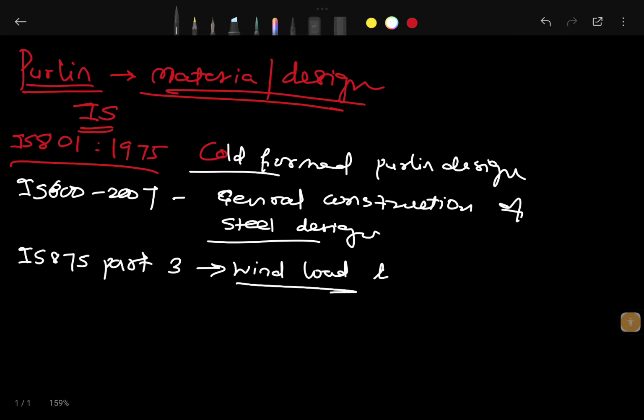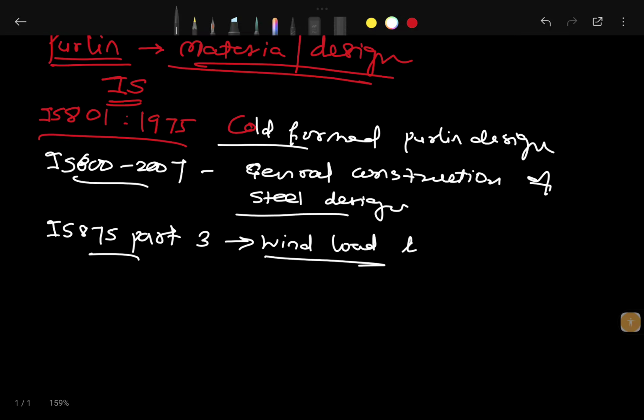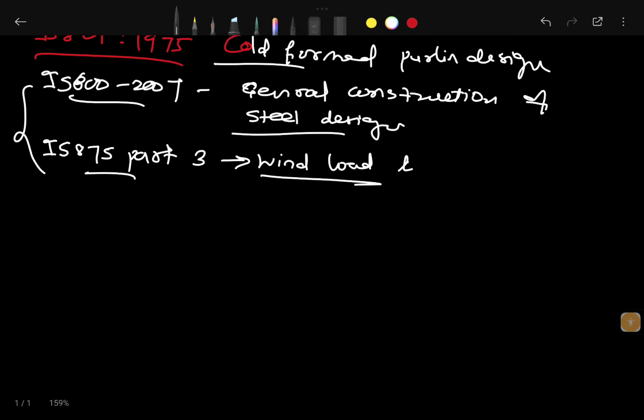So these codes, IS 801, IS 800 2007, IS 875 Part 3, play an important role for our secondary members or primary members also, but in this video we will focus on secondary members. Let's start with some examples. After the example, you can understand the purlin design. Then I will explain the detailing of purlin.